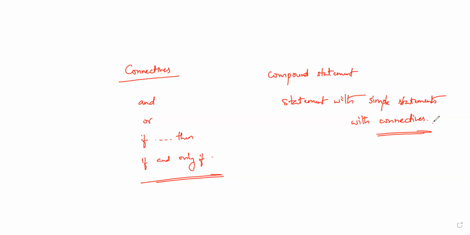Yes, sir. Right, next. There is something called negation, sir. What do you mean by negation? See, for example, there is any statement. The negative of that statement, you will call negation. So let us say there is a statement p, and the statement p is true. So the negation of p would be false.